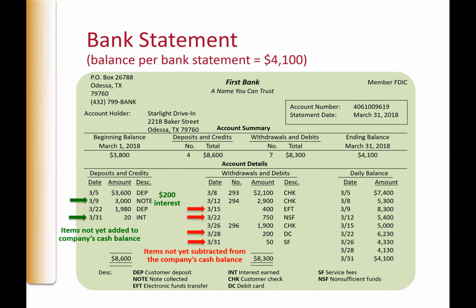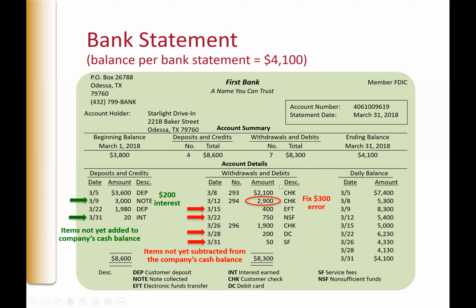Then you see here items that we need to subtract on the company's records: an electronic funds transfer of $400, an NSF check on March 22nd for $750, a debit card transaction of $200 on March 28th, and then bank service charges on March 31st for $50. So we need to take these and reconcile them to the company's balance.